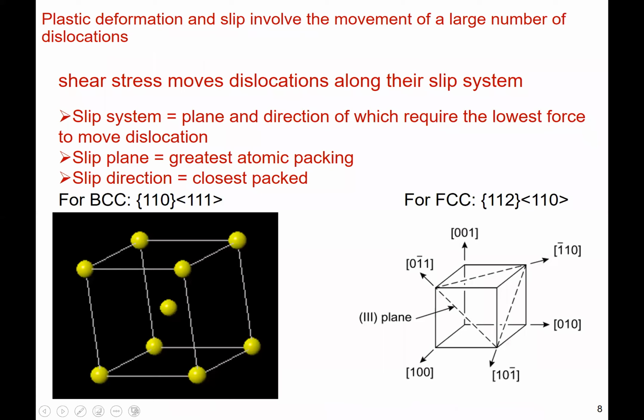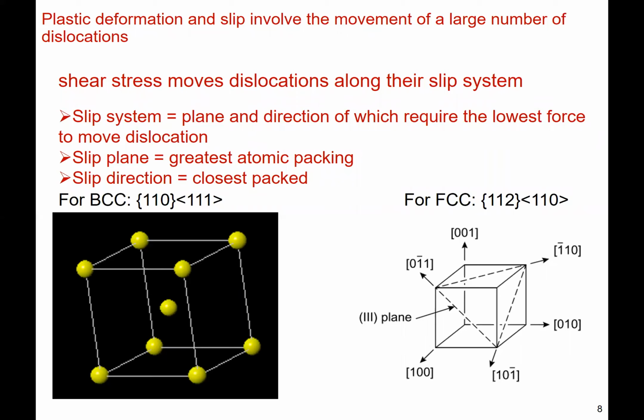Okay, so we talked about dislocations moving. In which direction are they going to move? Well, we have a nomenclature for that. We have a system of describing the dislocation movement, and it is called a slip system, right? That means they occur on the highest packed plane, the highest density plane, and along the directions in that plane.